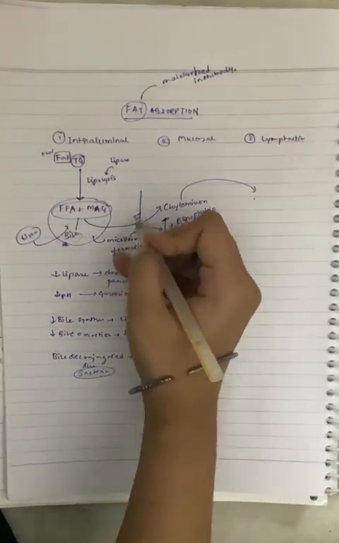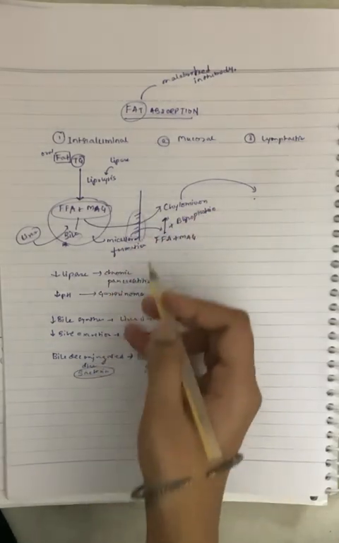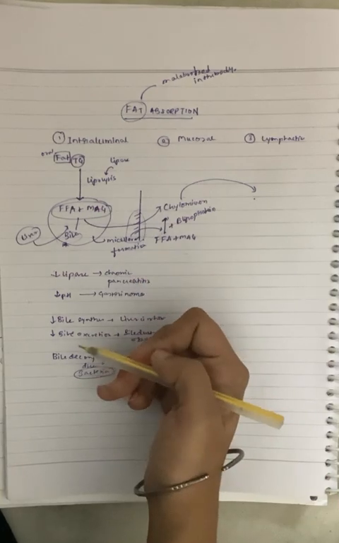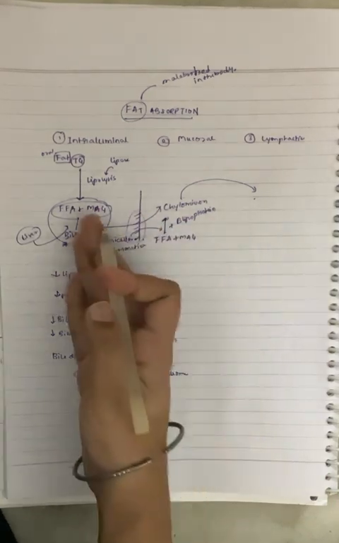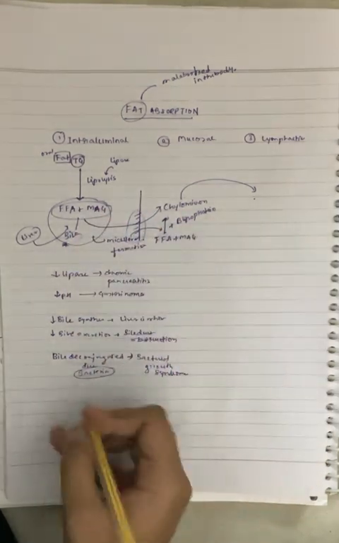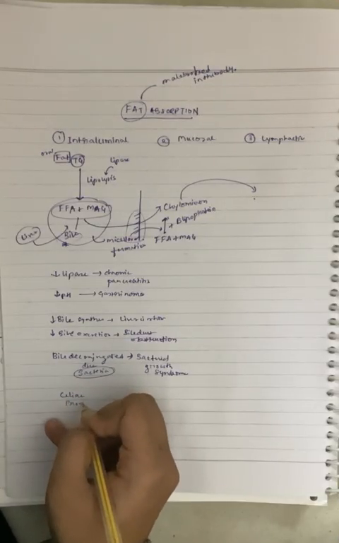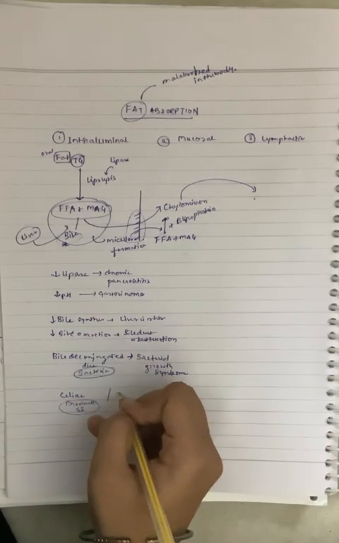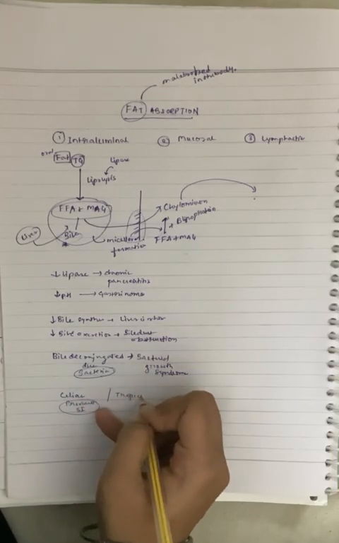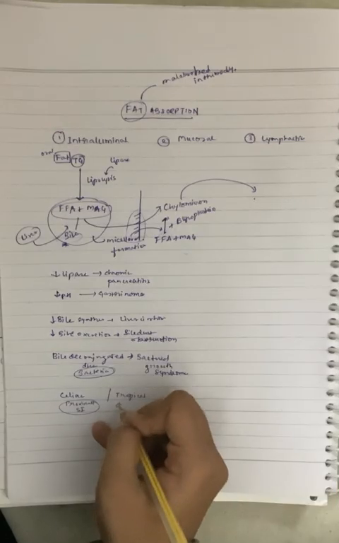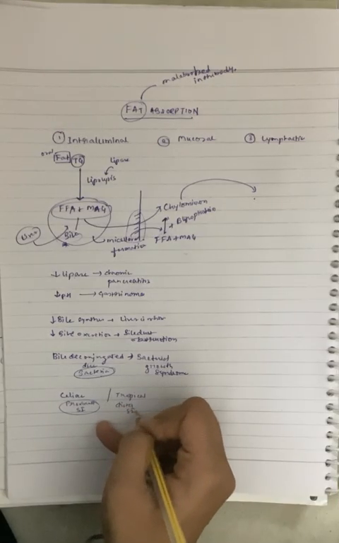There are also causes if these microvilli are absent, then this will not move from the intraluminal to the mucosal phase. So in celiac sprue, the absorption is affected in the proximal small intestine, and in tropical sprue in the distal small intestine.